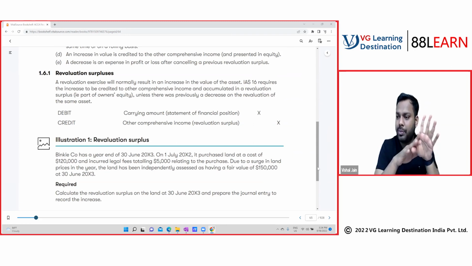Subham, first tell me what is the difference between SPL and P&L? Assets account debit to revaluation surplus 25,000. Okay.